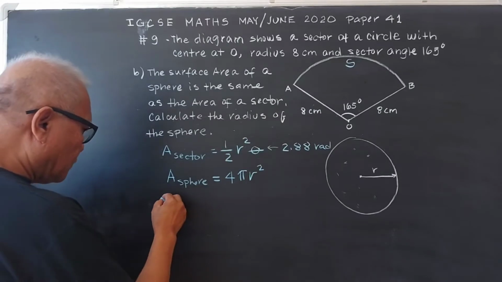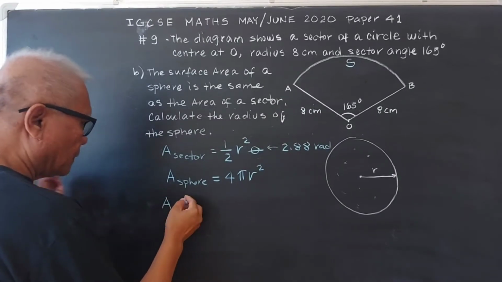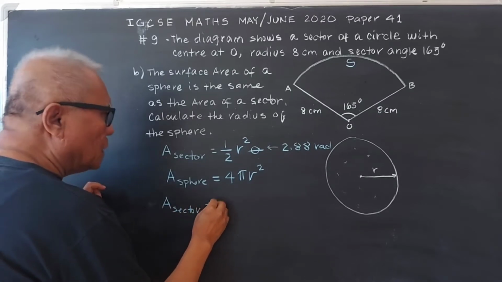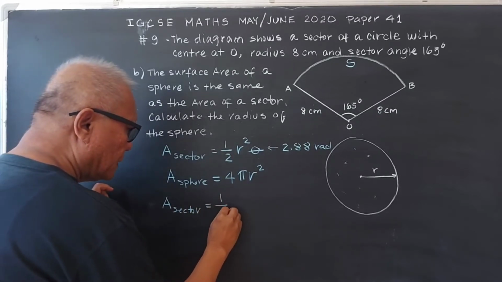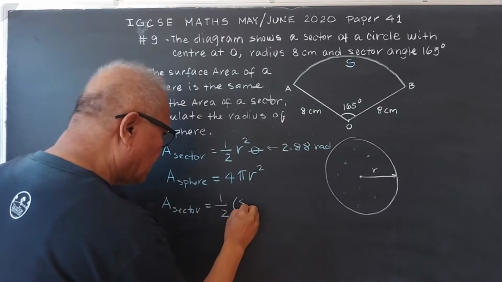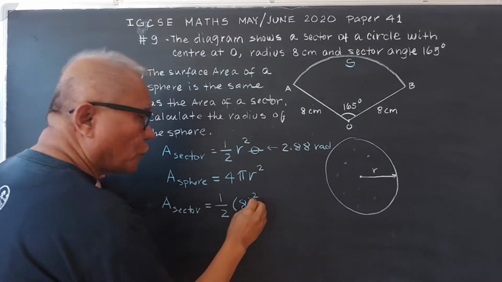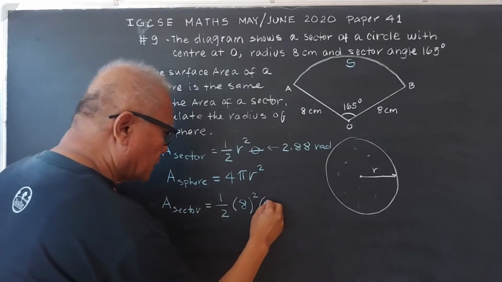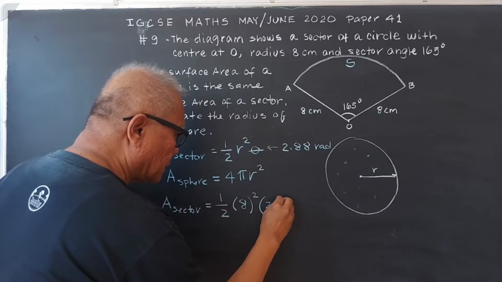So for the area of our sector, we have 1/2 times the radius of our sector, 8, squared, times the central angle in radians, 2.88.